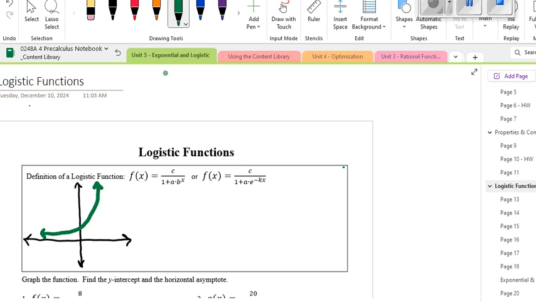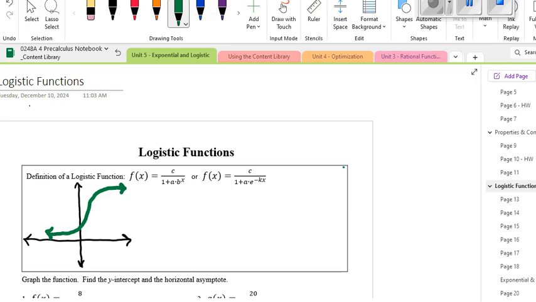So we're going to modify that growth just a little bit. At some point, that population is going to max out due to constraints like the availability of places to live and things to eat. And again, that population will start to level out.